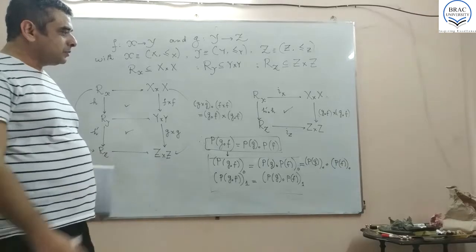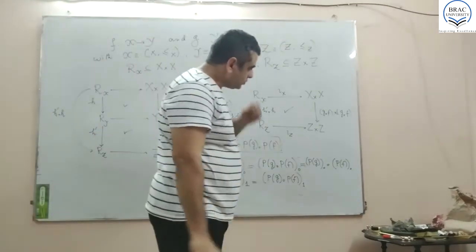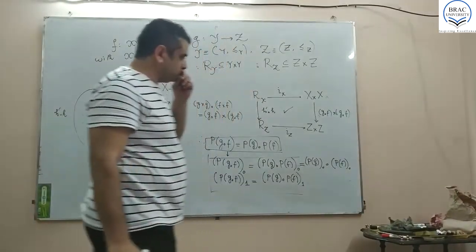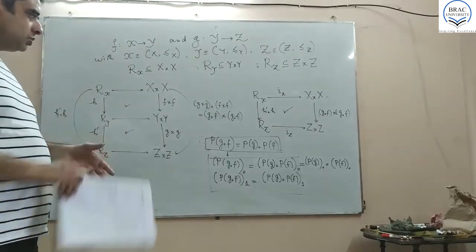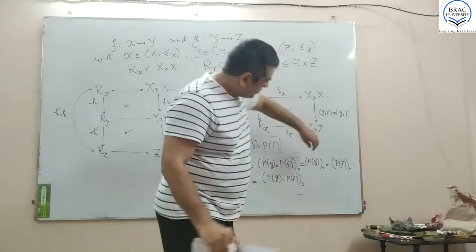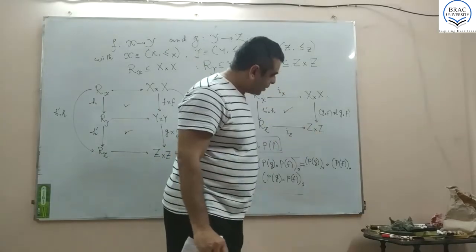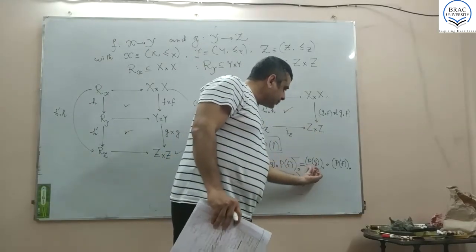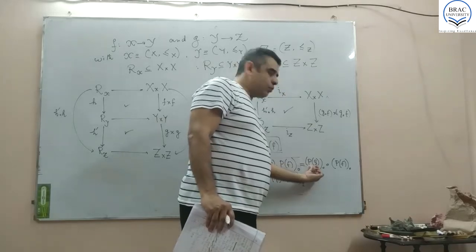And what is the vertex component of this graph homomorphism?